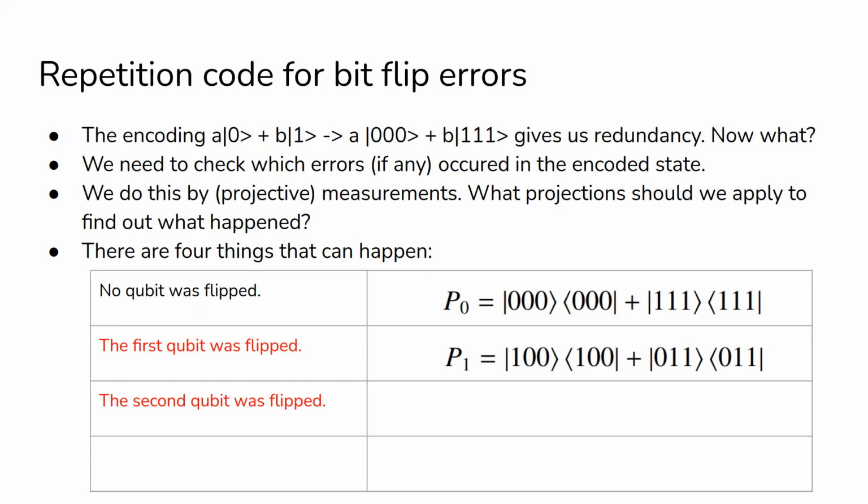If we're exactly on one of these, then we're in a code word, we're in a logical state. But what we're saying here is that some errors can happen, and we might have a state that looks like this. So when we do the projection, when we do the measurement, it's going to go to one of these.